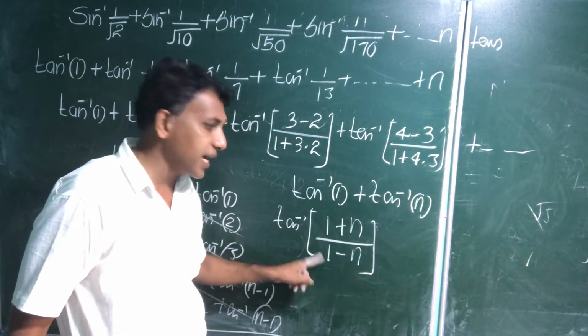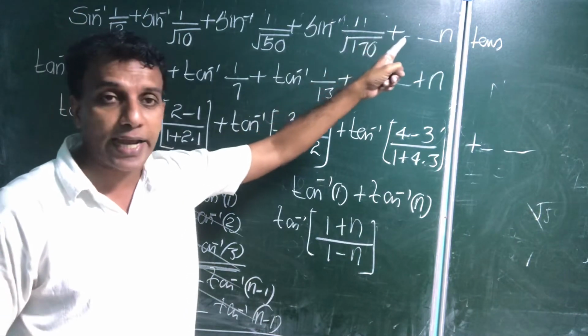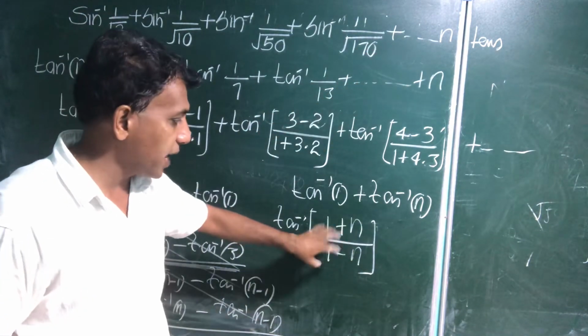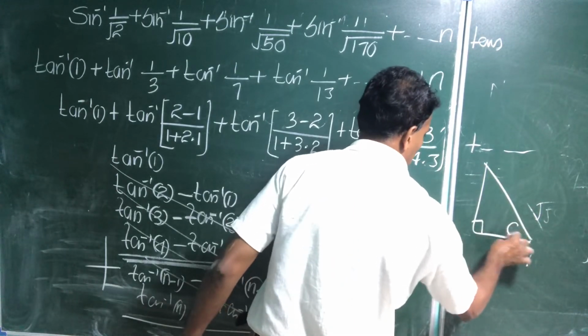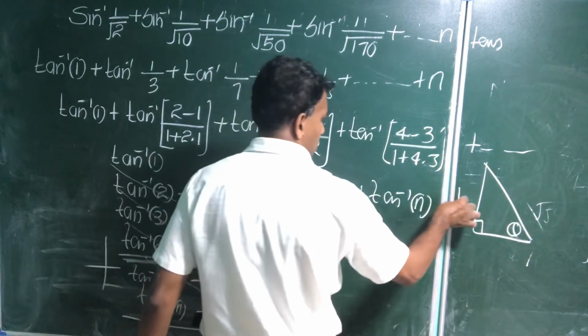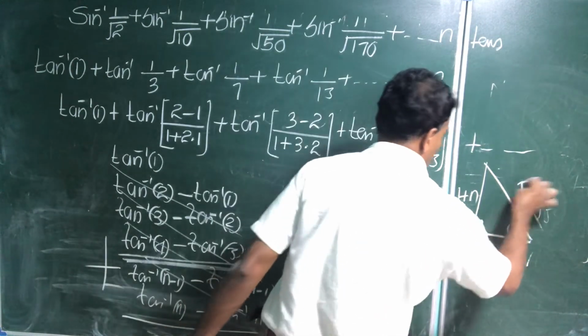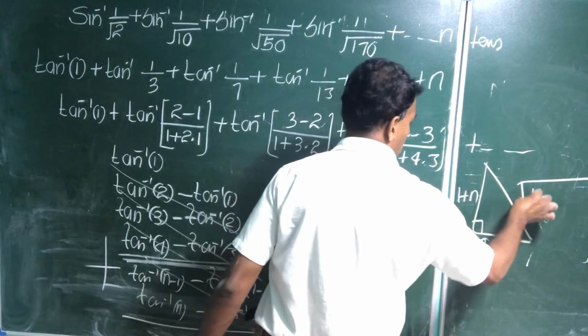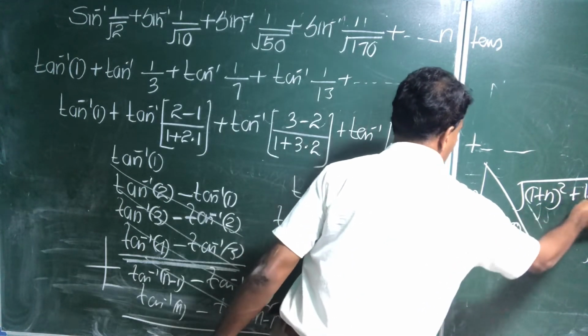Or you can write the sine inverse, because the whole series goes in sine terms, so the answer is in a sine pattern. If you know tan theta, what is sin theta? What is tan theta? 1 plus n over 1 minus n. So what is the hypotenuse? Square of that plus square of that.